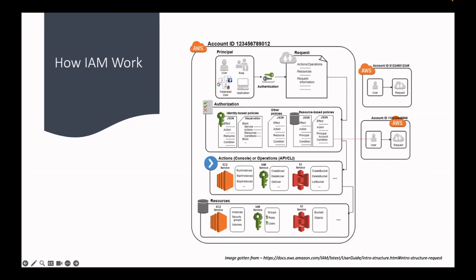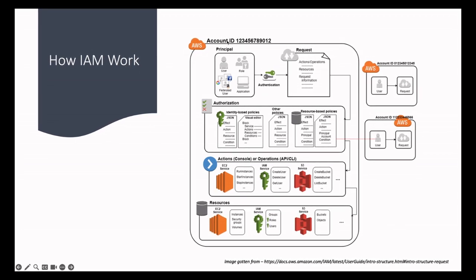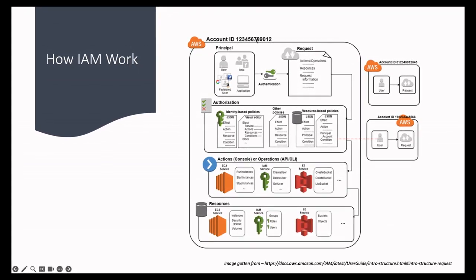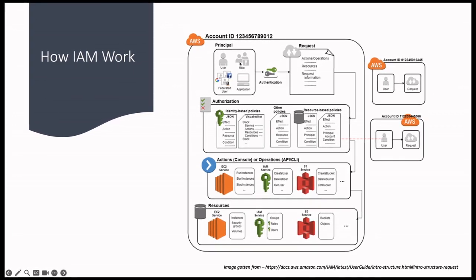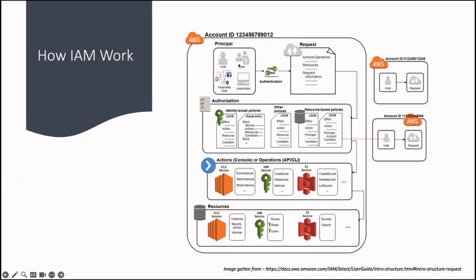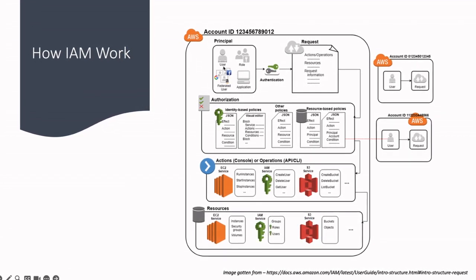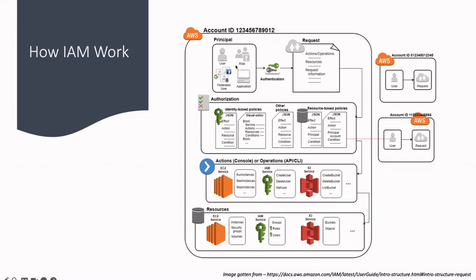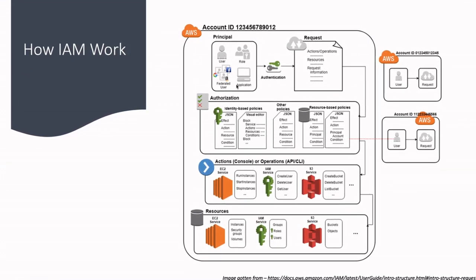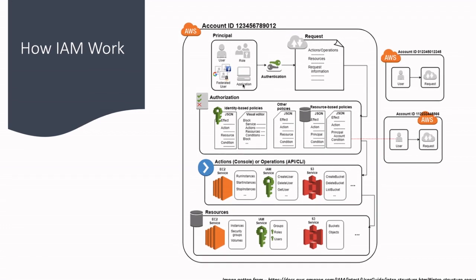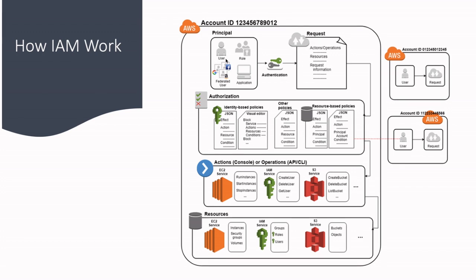Now let's talk about how IAM works. When you create your AWS account, you can log in to your AWS account using your root user credentials. Once logged in, you can create a new principal, either an IAM user or an IAM role. Also, you can configure federated users to log into your AWS account. An application can act as a principal by using the credentials of either an IAM user or an IAM role.